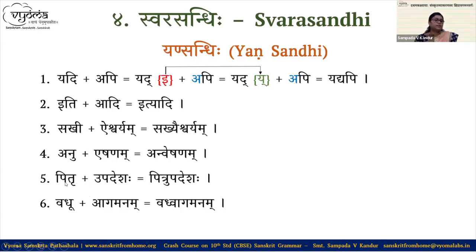So Pit plus Ra is Pitra. U plus Va is Anva. That U goes and Va comes. I changes to Ya. That's why Sakhya. Sakhya plus Aishwaryam, Sakhyaishwaryam. Iti plus Adi. I changes to Ya. Itya, Ityadi. Okay. Yes, Tejas, I want you to read these examples.